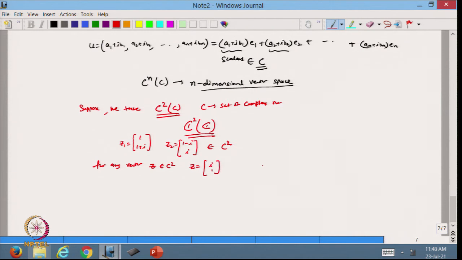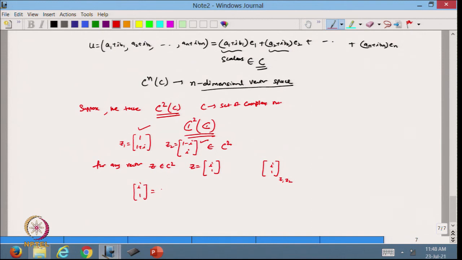Now, I want to find what will be the coordinates of this vector (i, 1) with respect to these two vectors Z1 and Z2.